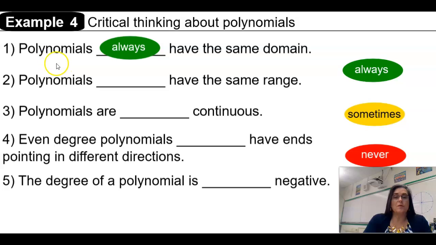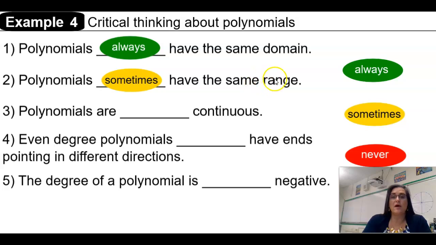Okay, number 2, polynomials always, sometimes, or never have the same range. Okay, that answer is sometimes. Sometimes their range is fully unbounded, as in a linear or a cubic, right? Or a 5th or 7th degree polynomial.